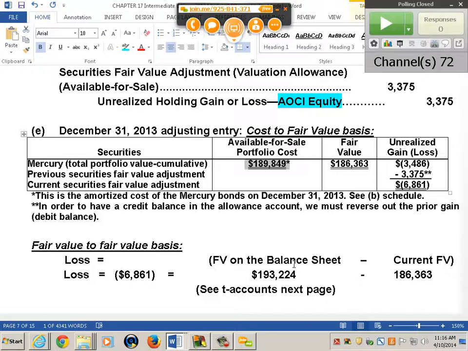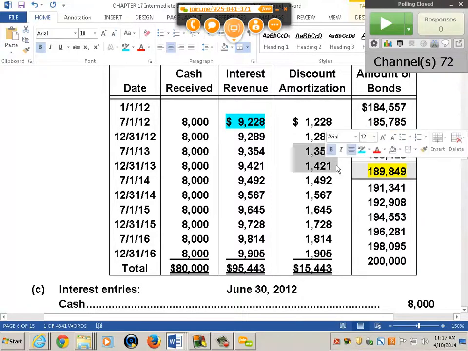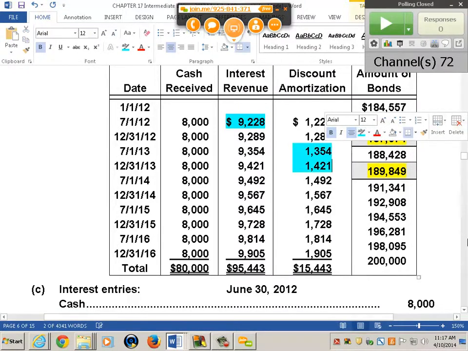Now, the next year, if we go back to the table, in the next year, we've got the additional amortization of 1354, and then 1421, so that the security is carried at amortized cost at $189,849.